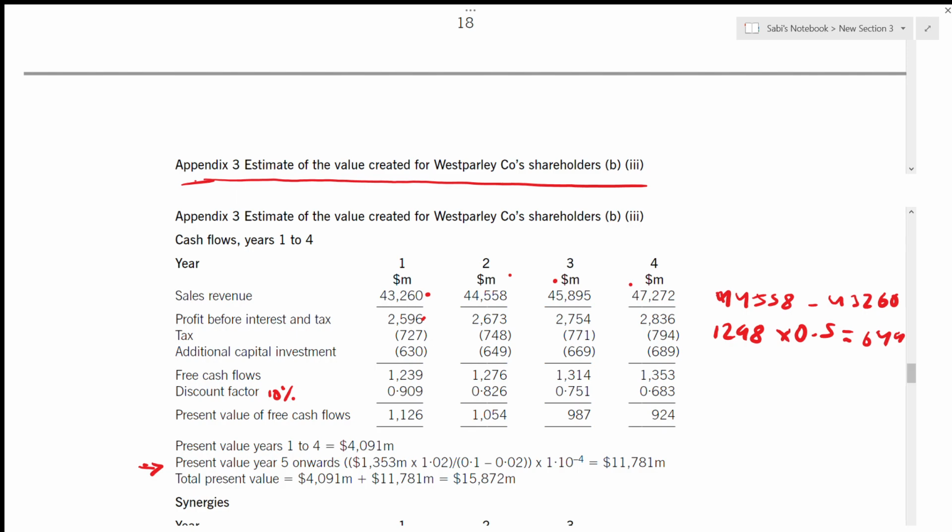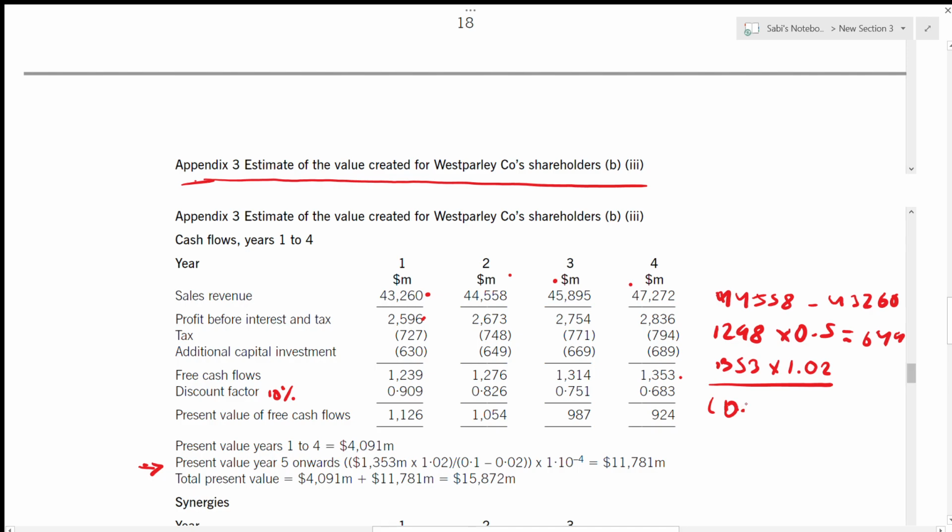You have to use not the present value but the free cash flow, 1353, right? This 1353 you have to multiply by 1.02, because the rate of growth is 2%, right? Divide by, what is the cost of capital? WACC is 10%, right?